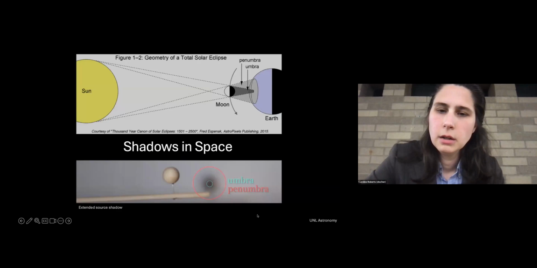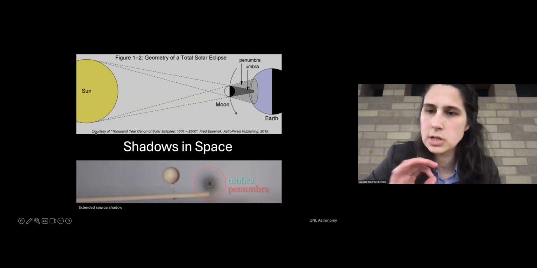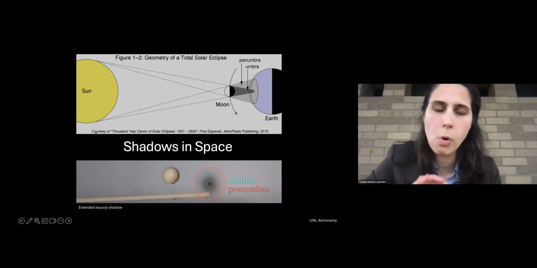So as we said, the moon is casting a shadow out back behind it, and sometimes that shadow can fall on the Earth, creating a total or partial solar eclipse. The reason why we have this unique shadow pattern that doesn't have sharp lines is because the sun is not just a single bright source, a point of light. It's an extended source.